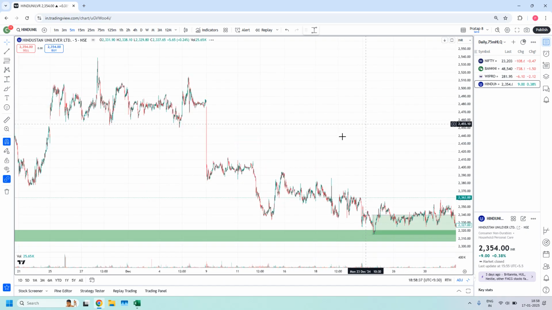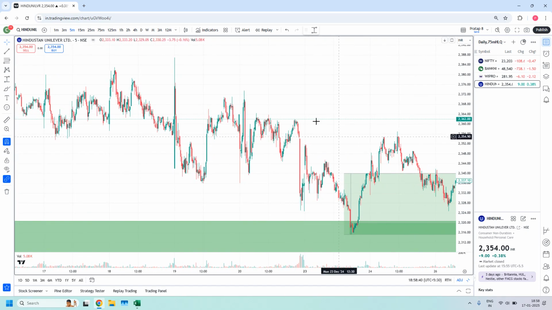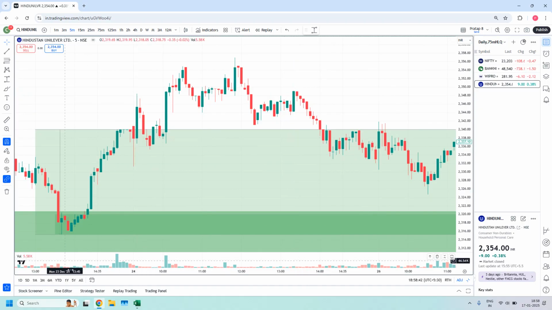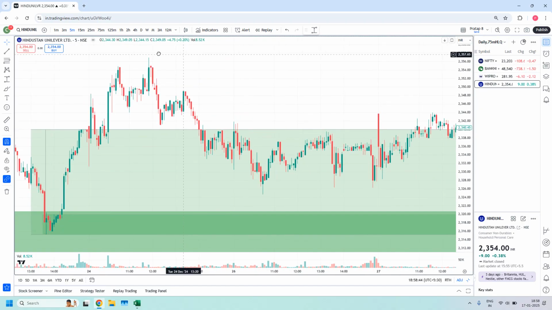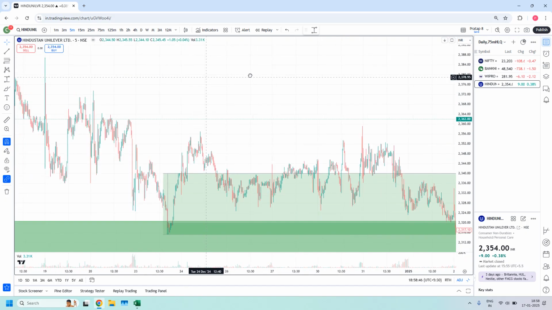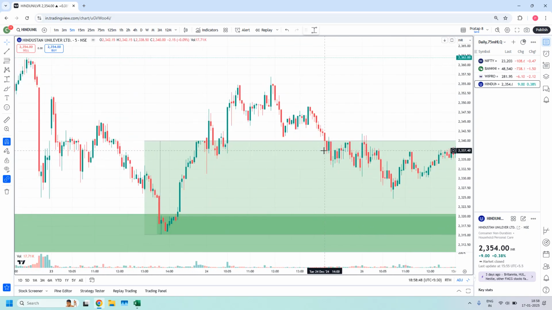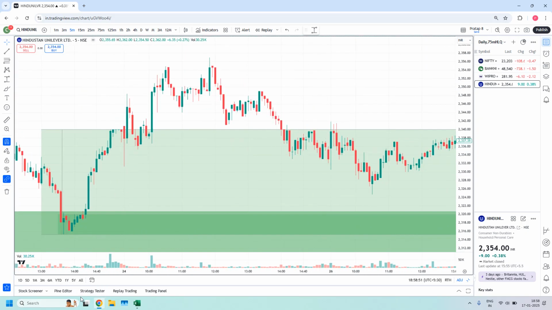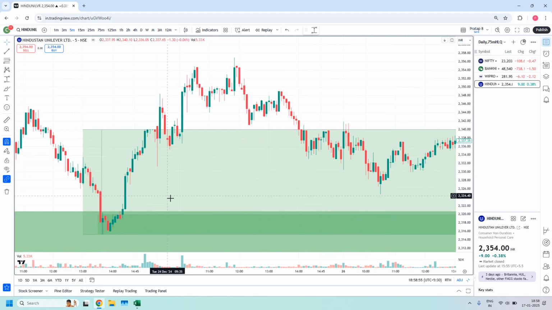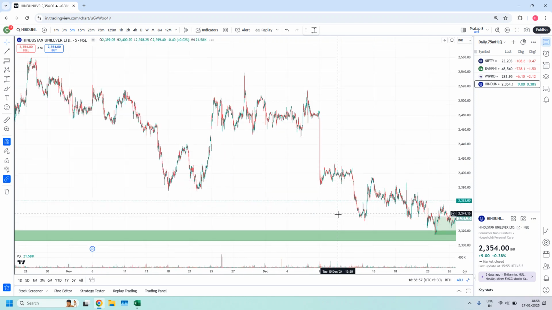And what about the other zone? Do you have any 5-minute zone here? It looks like there is a rally, base candles, rally, right? But actually, there is a 5-minute horizon.